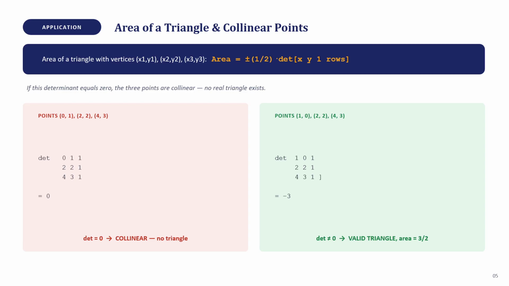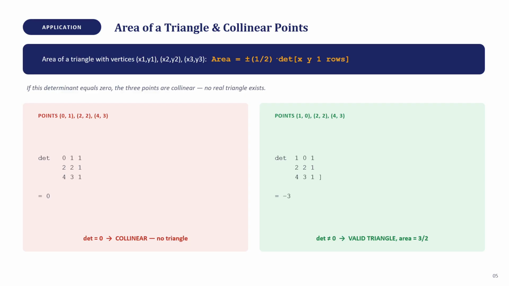For the application of the area of a triangle and collinear points: the area of a triangle with vertices x1, y1, x2, y2, and x3, y3 equals one half the absolute value of the determinant with rows x, y, 1.